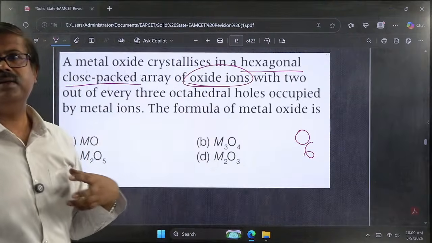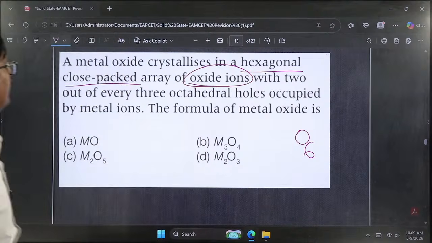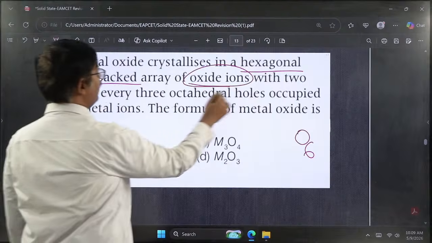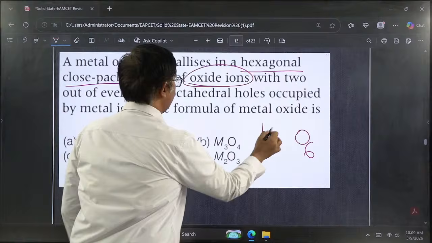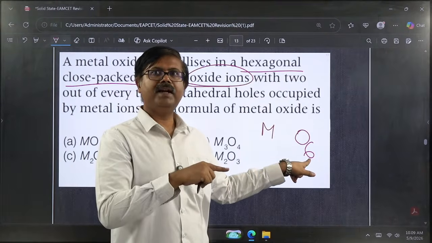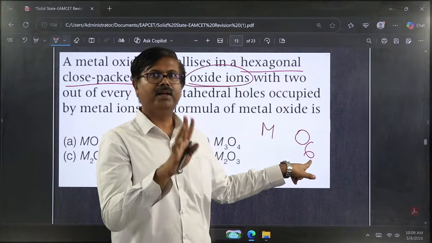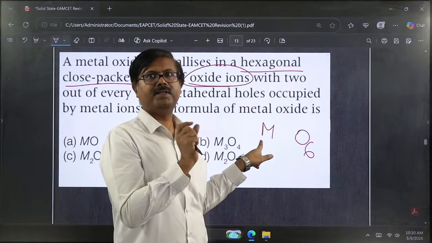I am finding out the formula of the unit cell, which is the formula of the entire solid. 2 out of every 3 octahedral holes are occupied by metal ions. Now see, how many metal ions are occupied? Not all octahedral. How many octahedral will be there? 6. Tetrahedral will be double, 12. So 6 octahedral empty spaces are present.